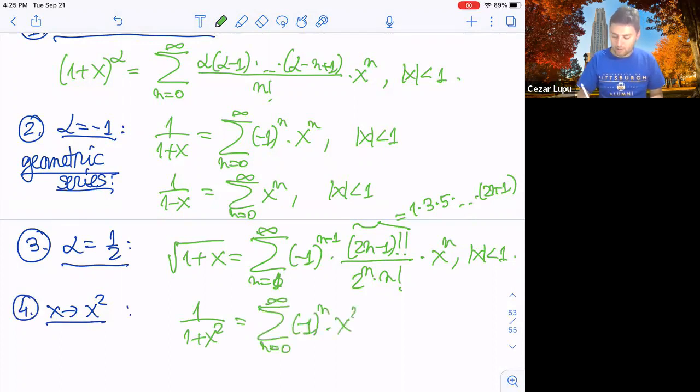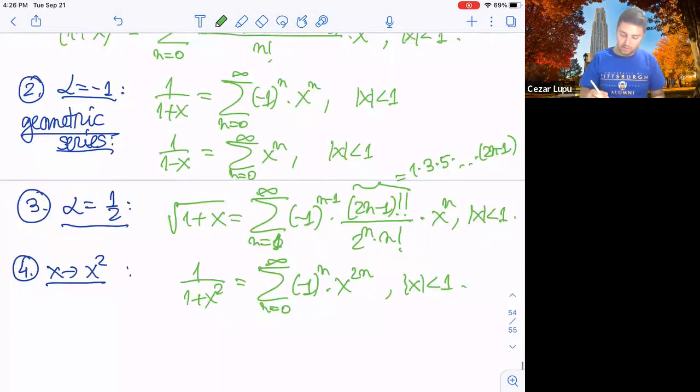So why am I doing this? Because I'd like to integrate this at some point. And for example, if we integrate this, we obtain the following.